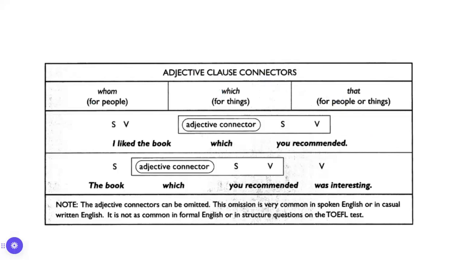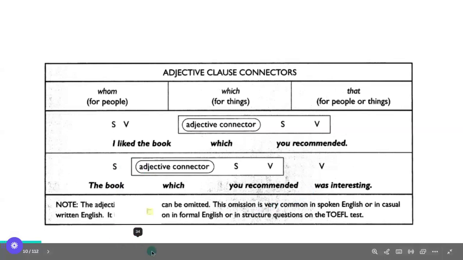And the structure will follow this arrangement. I like the book, noun, which you recommended. This is an adjective clause describing the book right after the noun. The book which you recommended was interesting.